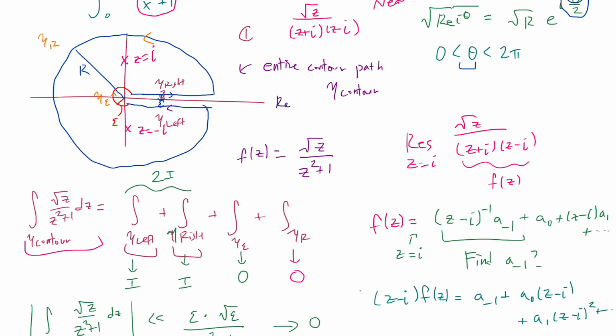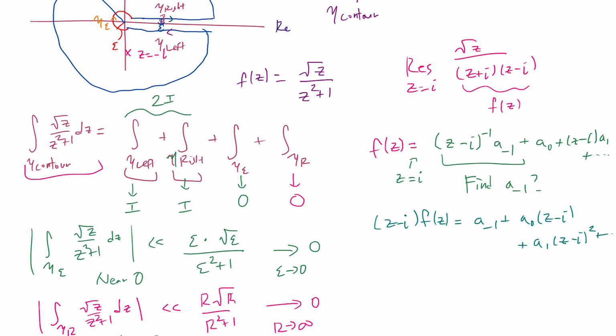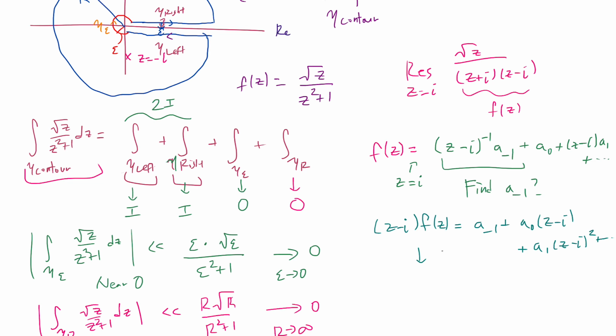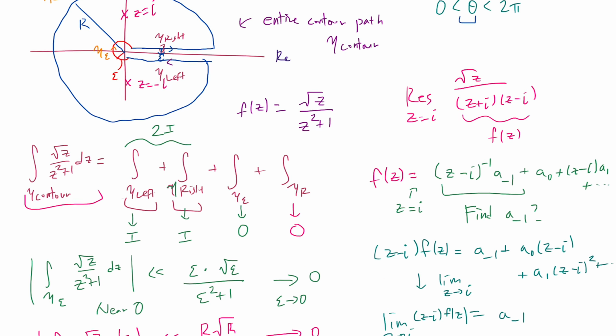Then take the limit as z approaches i. On the right-hand side, we get a minus 1, which is exactly the residue. The left-hand side is just the limit of (z minus i) times f of z. So if it's a simple pole, where you start with the negative first power, all you have to do is multiply by z minus that point and take the limit, and that'll get you what you want. So let's use that trick here.